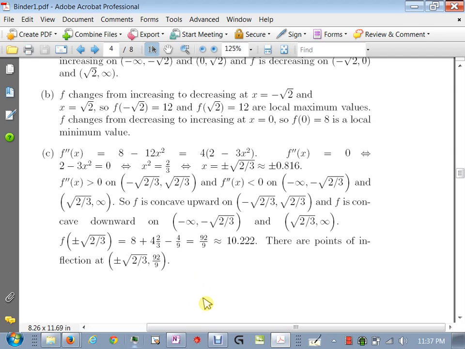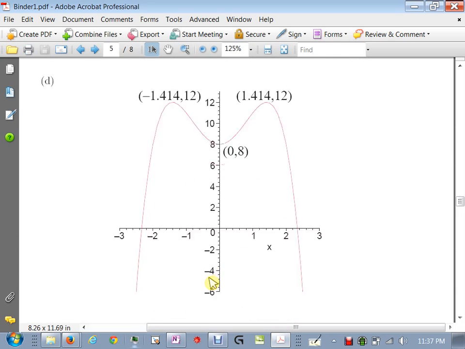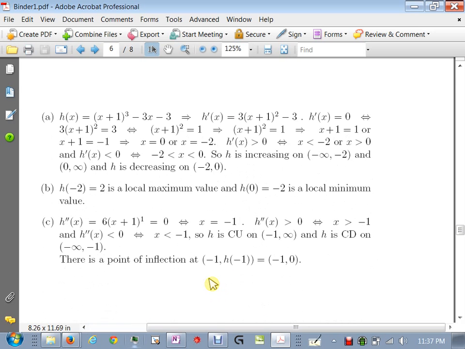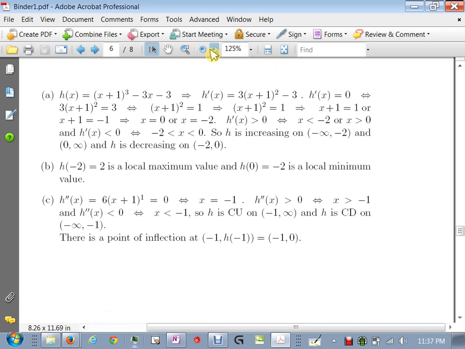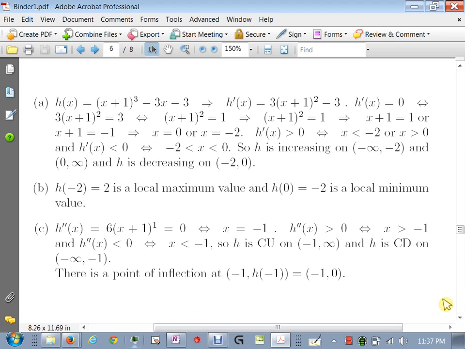There's your second derivative information, where you're concave up, concave down. There's no inflection point. Oh wait, there are points of inflection. Yeah, there's 2 of them here. And then there's a graph of it. Okay, that's another problem. These are out of order, I understand, but at least you'll have the answers.